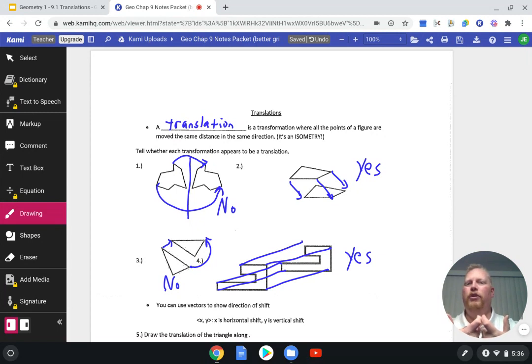So isometry literally means same measure. What that means is if you do this transformation, it's not going to change the size or the shape of the actual figure. So if you do a translation, you'll still have the exact same figure that you had, just in a different location. So that's what isometry means. It doesn't change the size or the shape of the figure. Let's continue.